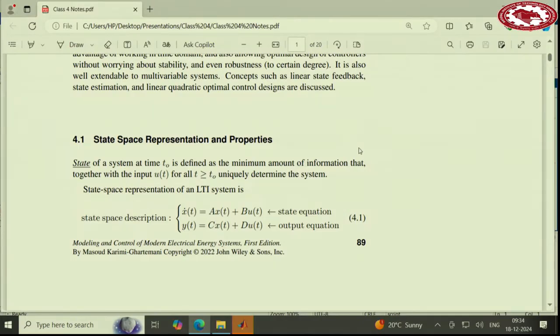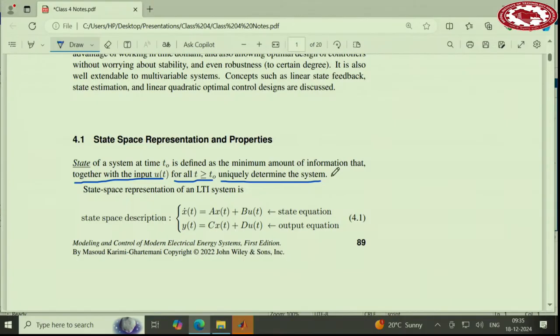A state of a system at time t0 is defined as the minimum amount of information that, together with the input for all t greater than t0, uniquely determines the system.